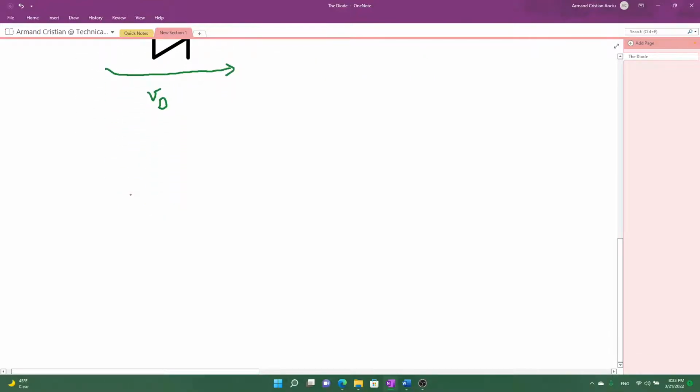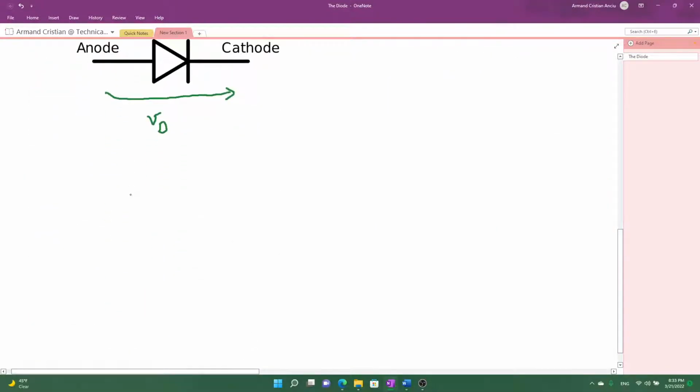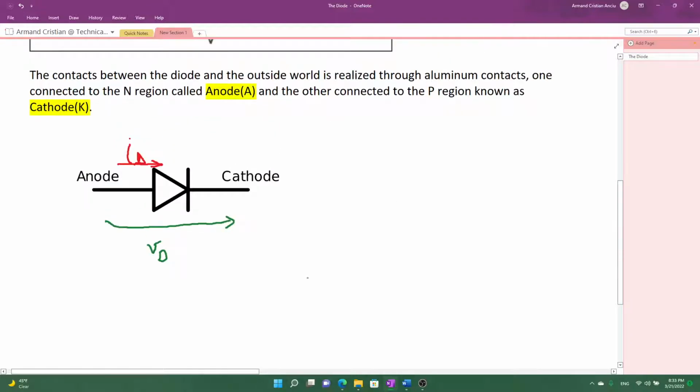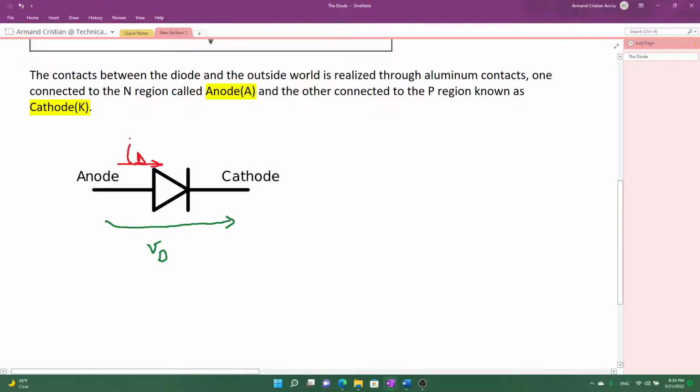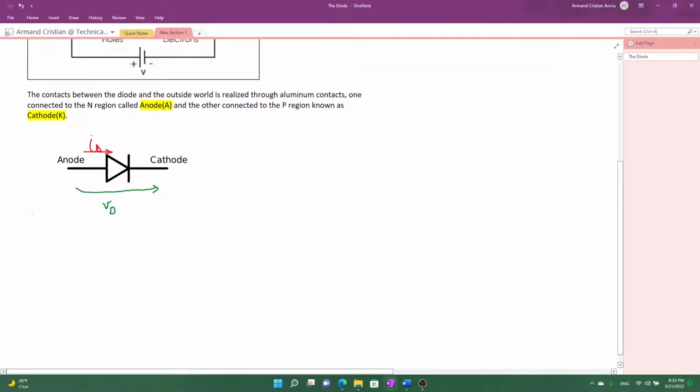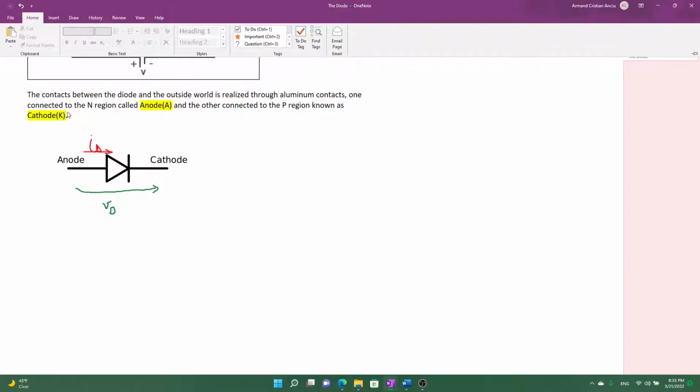So going forward from the ideal model of the diode, we have to discuss how this diode behaves. Before we can talk about the behavior of the real-world diode, first we have to consider the simplest model of the diode.